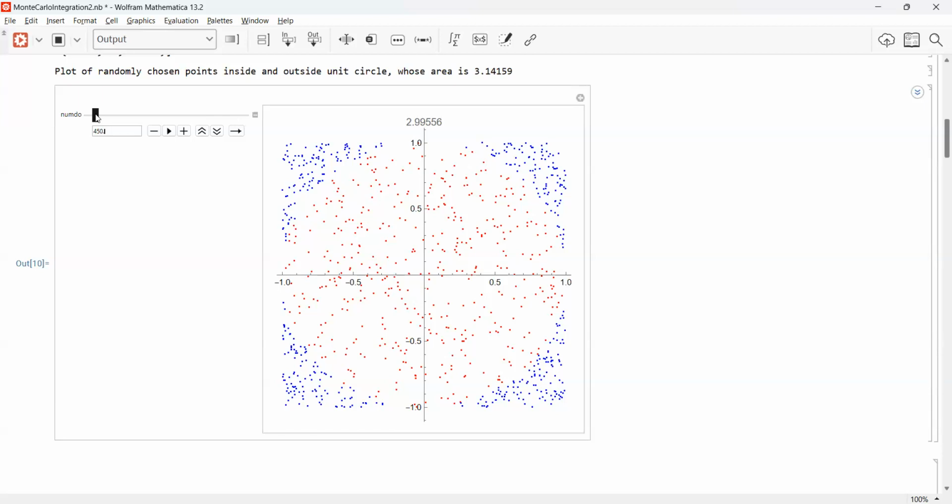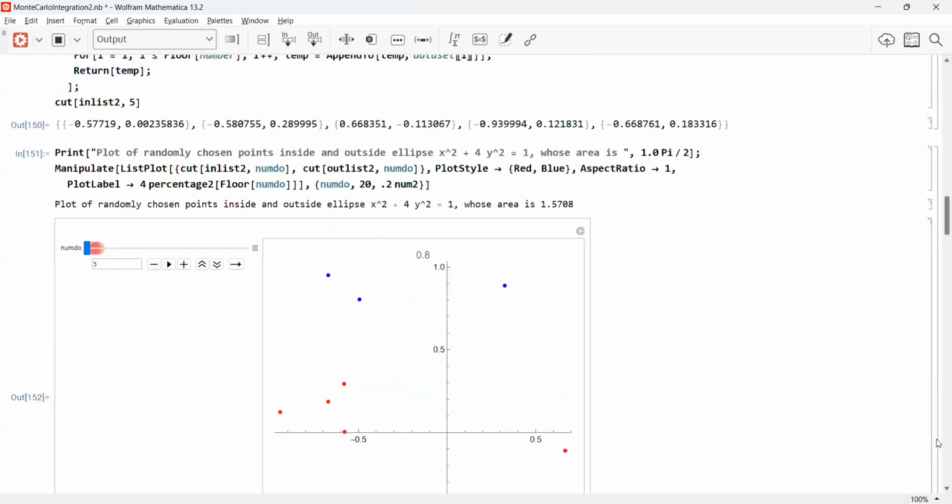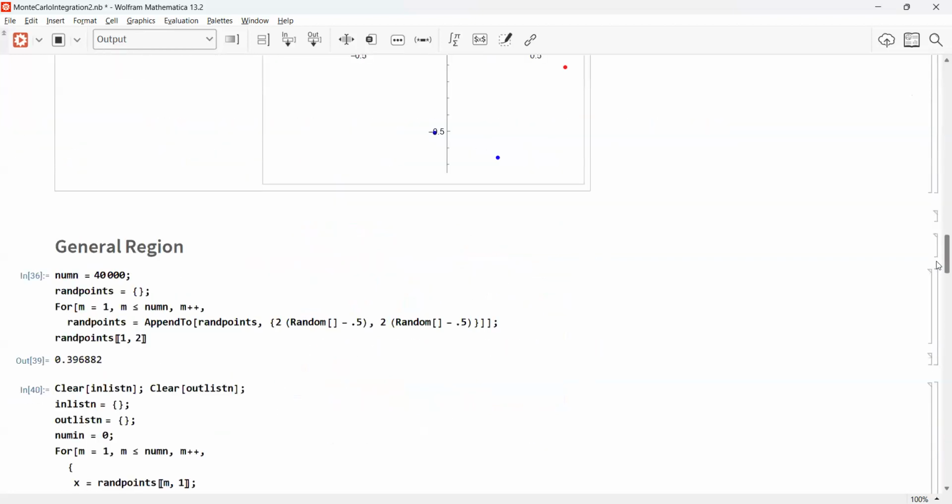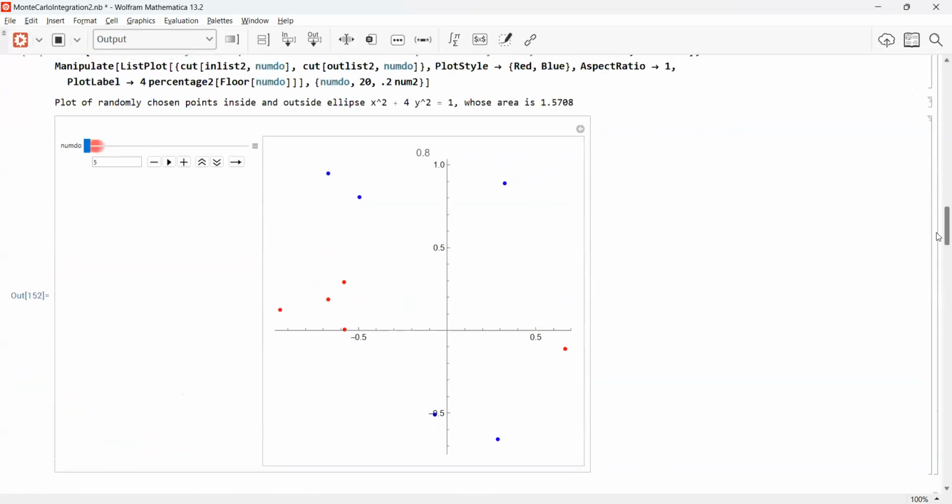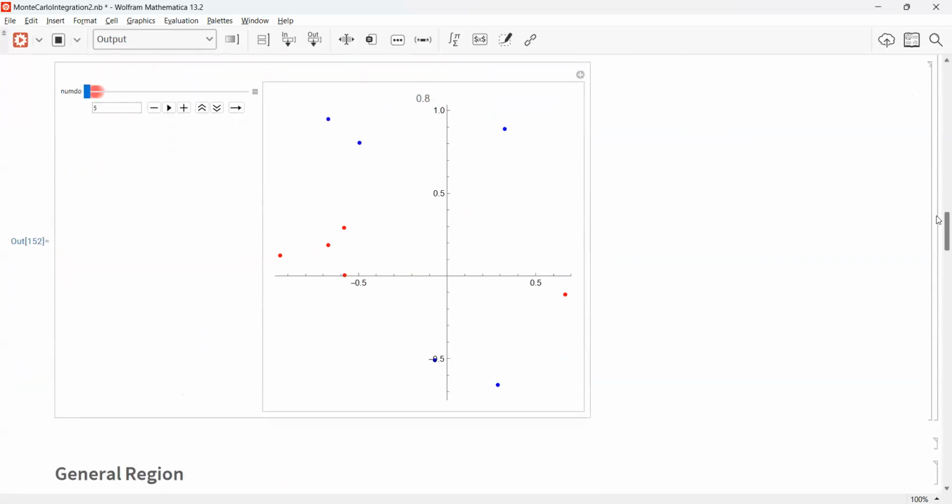All right, let me just try to get the next one set up. Okay. All right, anybody want to guess what this region is?